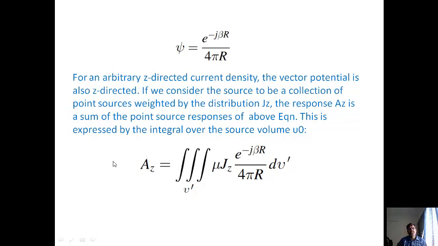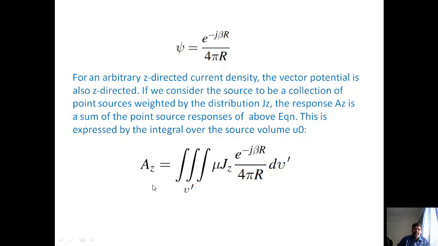For an arbitrary z directed current density, the vector potential is also z directed. If we consider the source to be a collection of point sources weighted by the distribution Jz, the response Az is a sum of the point source responses of the above equations. This is expressed by an integral over the source volume V0.